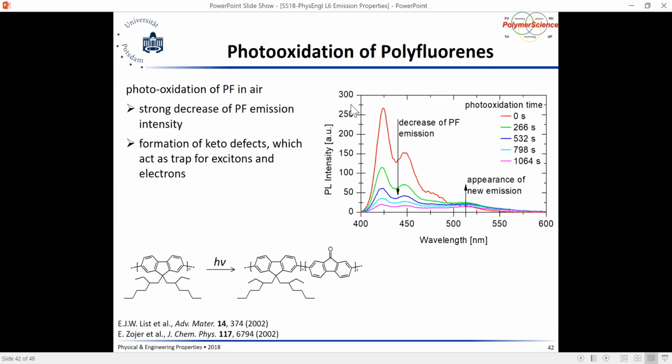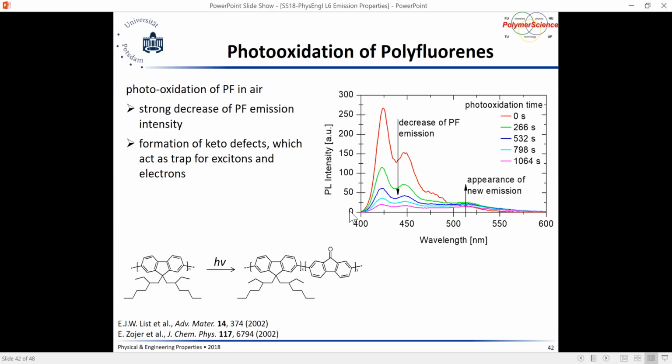And this is an example of what happens to the PL. The red data is a fresh cell which has not been degrading at all. Then you can see that as time is allowed for light and oxygen to bombard the polymer, PF, the emission is lost. So we have degradation.